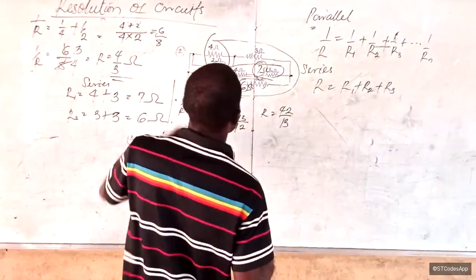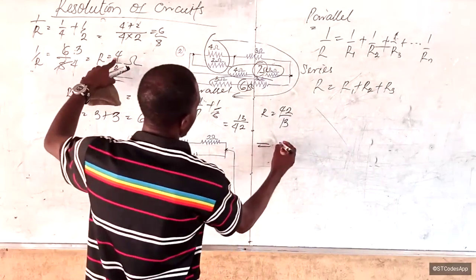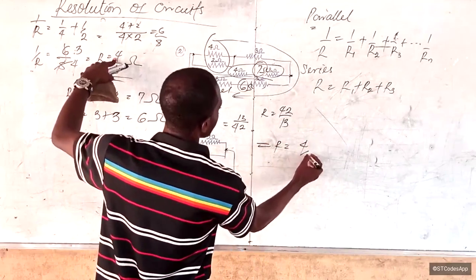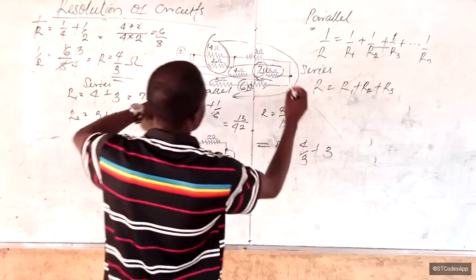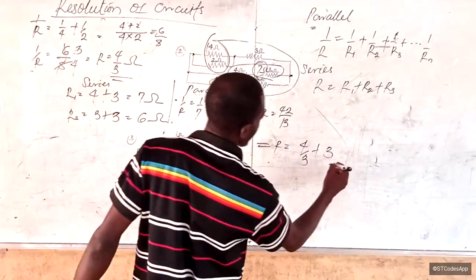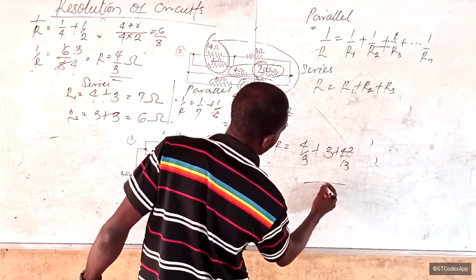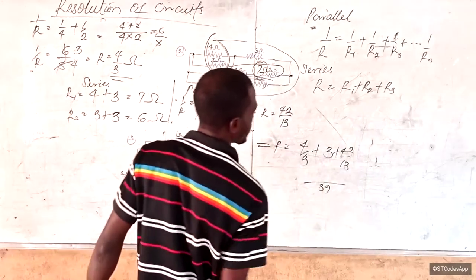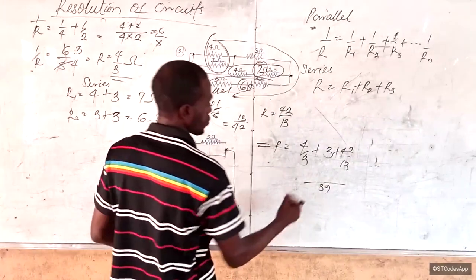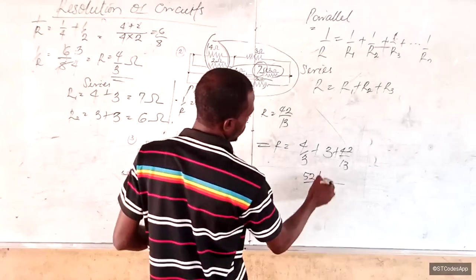Series. So what do we have? What did we get here? R will now be equal to 4 over 3 ohms, which is what we got here, plus 3 ohms plus 42 over 13. LCM of this, 39. 13 times 4, that will be 52. Is that 52? Yes.